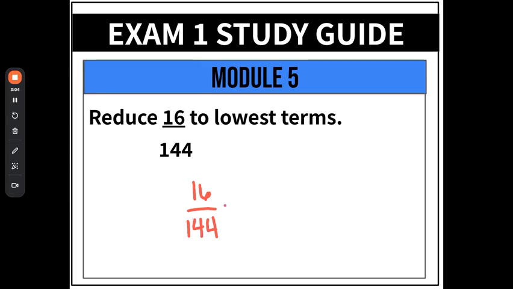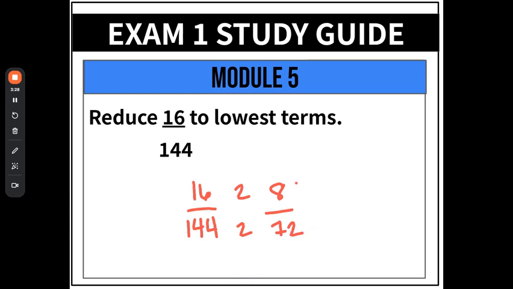Well, there are a couple things. If you would like to start with what you know, we can start with 2. 16 divided by 2 is going to give me 8. And 144 divided by 2 is going to give me 72.